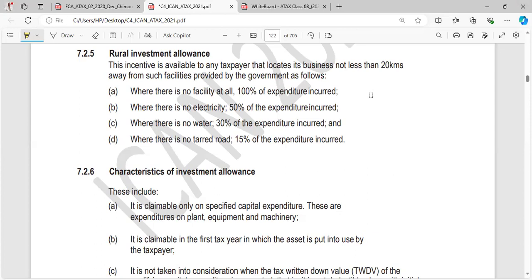So that means you provide electricity there, you provide water, you provide tarred road. Now these are not inside plant and machinery, because electricity is not property, water and tarred road are not property. So these are just infrastructural. So when you provide those things where there was none, you take 100%.